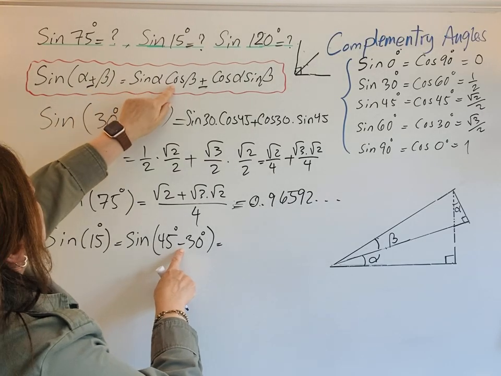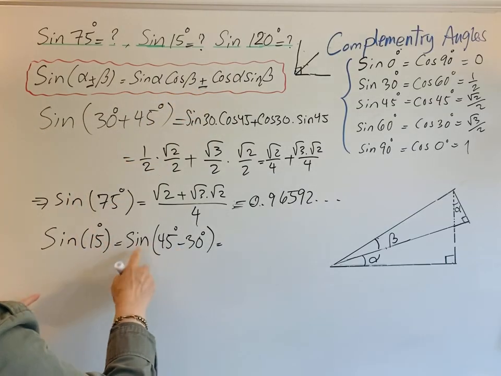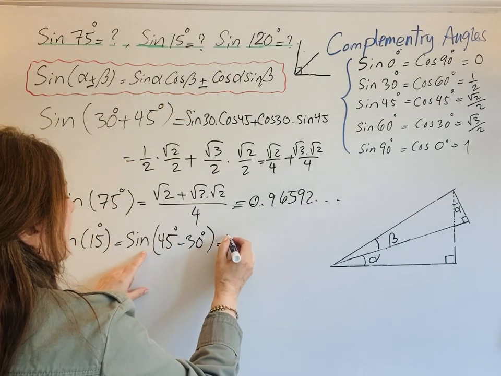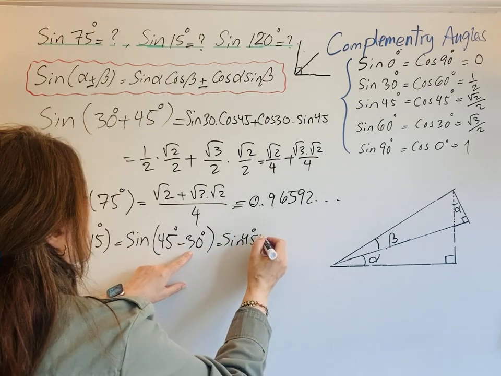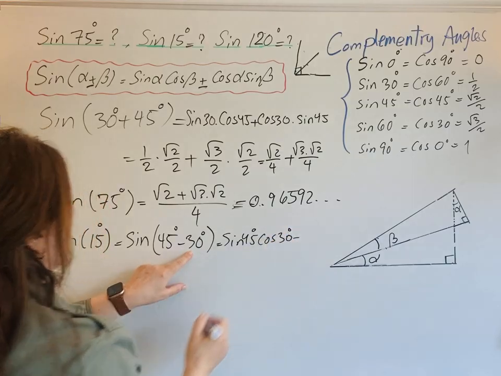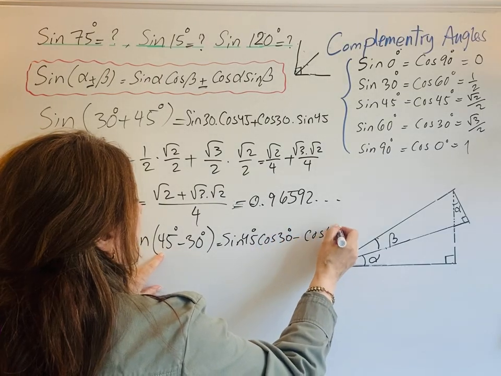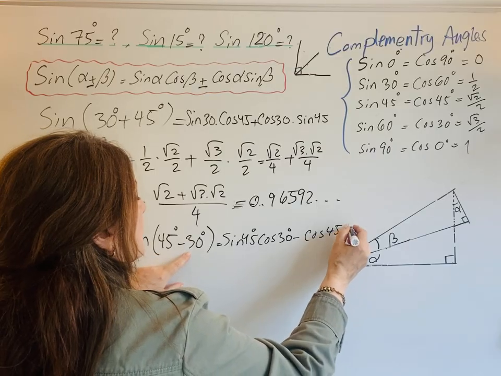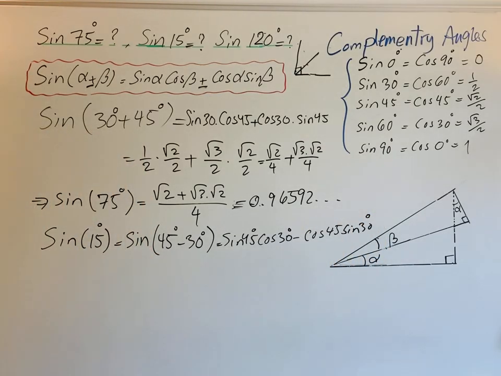Sine of alpha cosine of beta minus cosine of alpha sine of beta. Okay, sine of 45, cosine of this, minus cosine of this one, sine of this one, right?